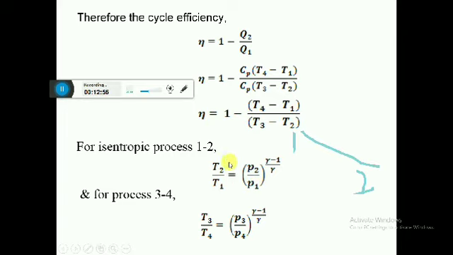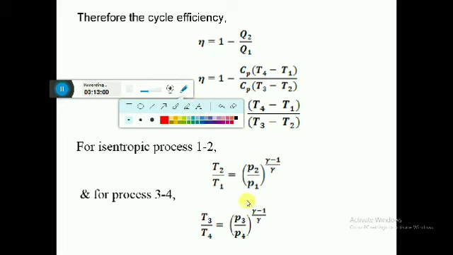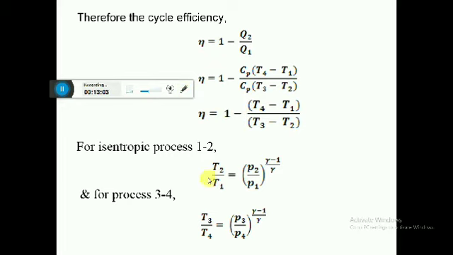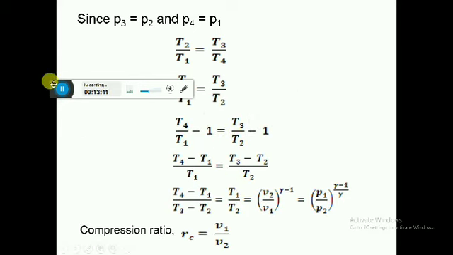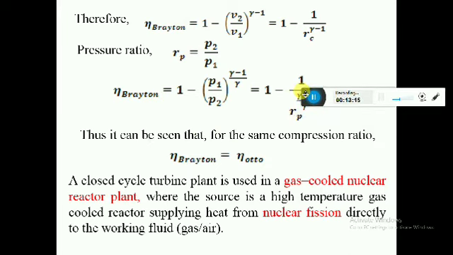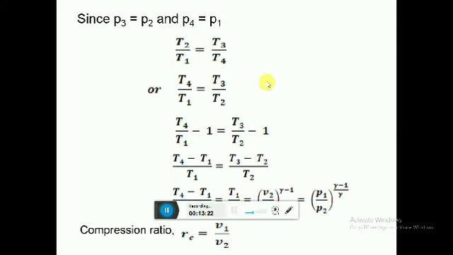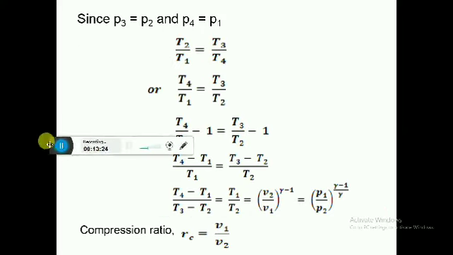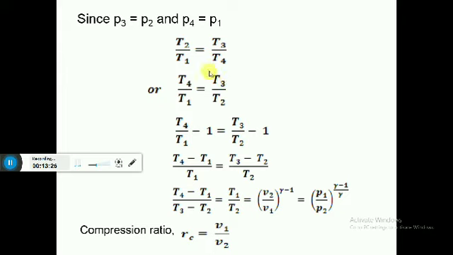So we can just equate them. That is T2 by T1 is equal to T3 by T4.